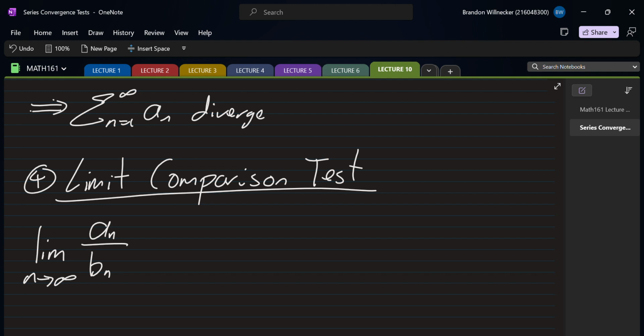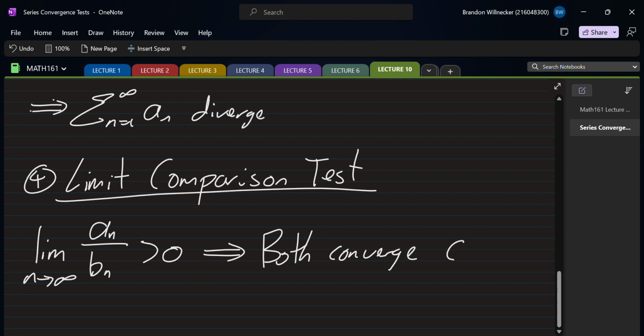Those are two different series. So an is the one that's given to you, bn, that's the one that you know. If this is greater than 0, then both converge, or both diverge.